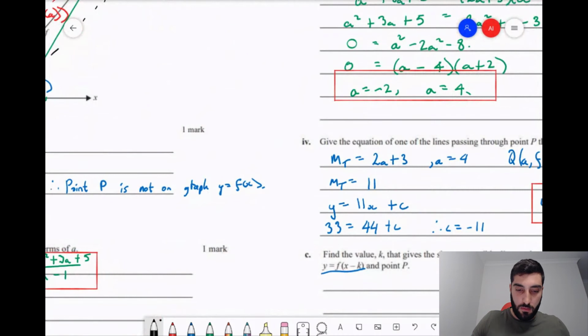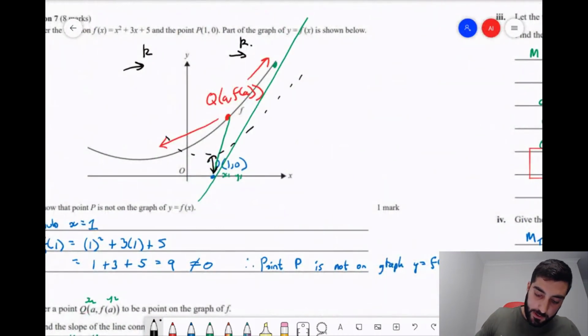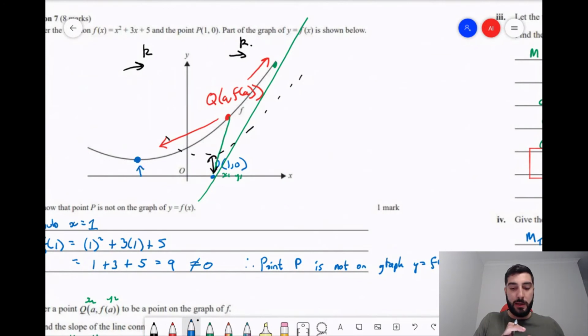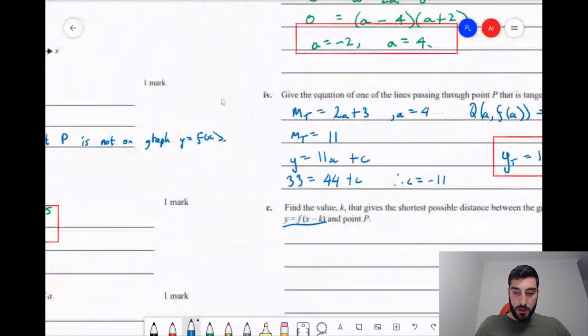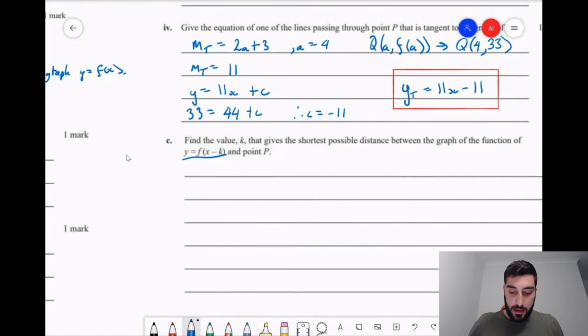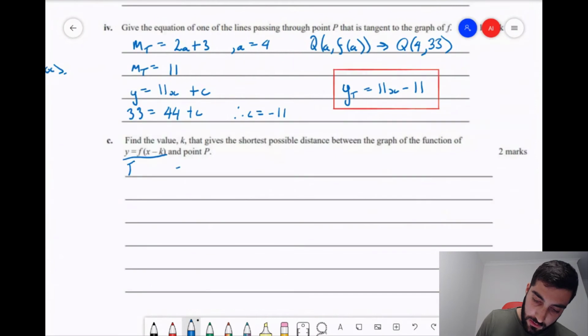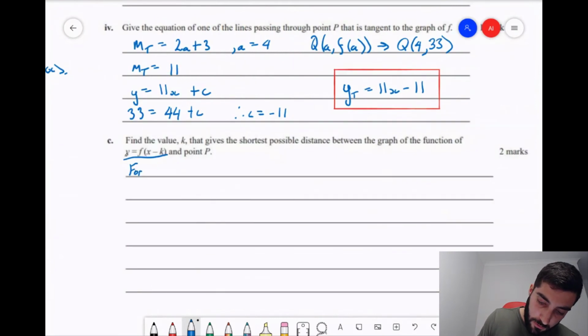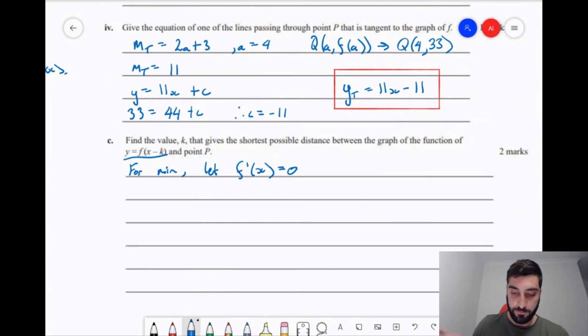Cool. So what would be useful, and I guess this is the real key, is working out what that point is originally, so we can figure out what it needs to become. It needs to become an x value of 1, and the difference there will be the value k that we need to translate it by. To work out the minimum, we let the derivative f dash of x equal 0.